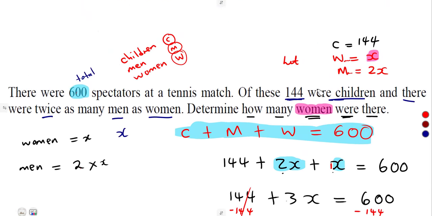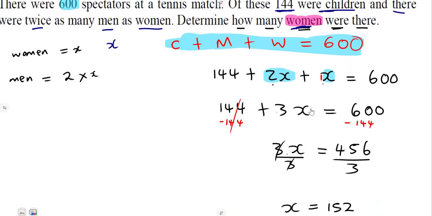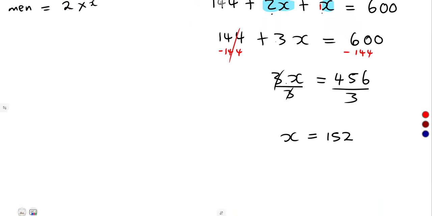We had to introduce it, representing women. And that's exactly what we want. So by solving x, we are solving the number of women. So therefore, there were 152 women, because you are calculating the value of x.